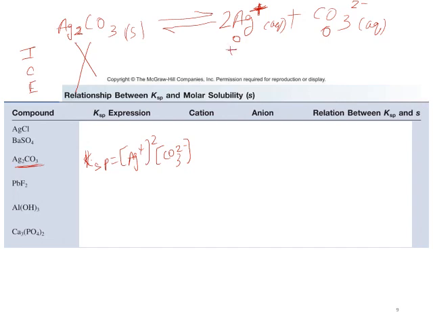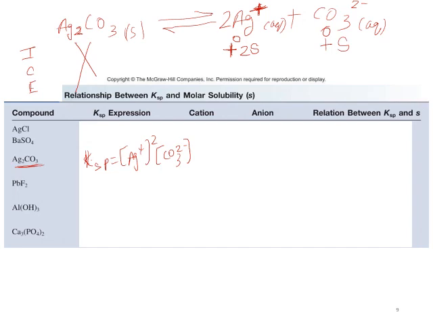Remember, you can work with X, whatever works for you, or you can work with S. I like to go with S because that tells me this is the molar solubility of this particular salt. So what would be the change here? The change is going to be positive since it's a product and it's being produced. For silver, my stoichiometric coefficient is 2, so each mole of salt dissolving is going to produce 2 moles of silver ion, so it's going to be 2S. Carbonate is going to be S.